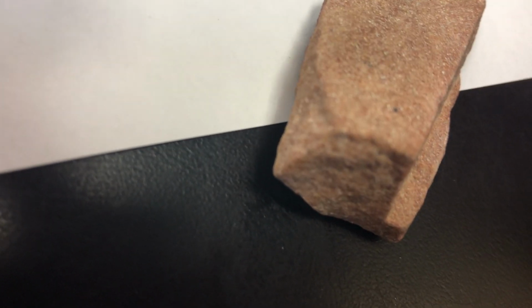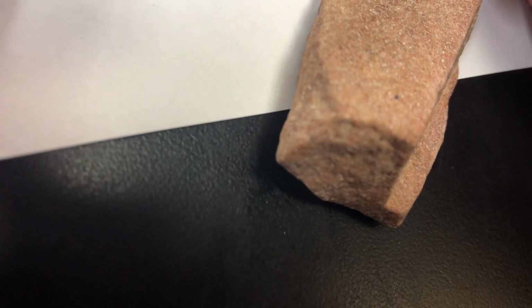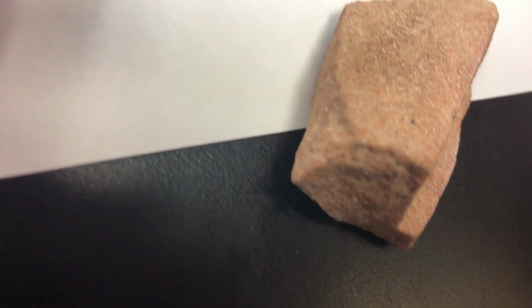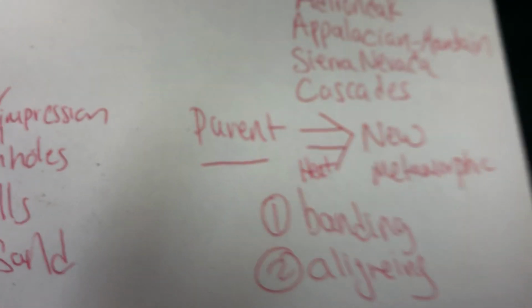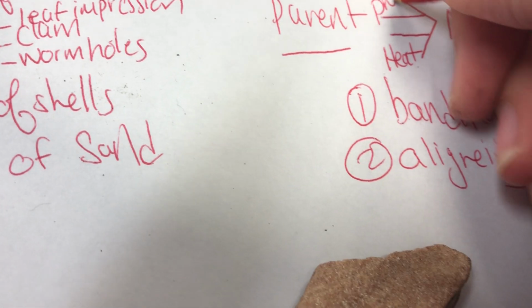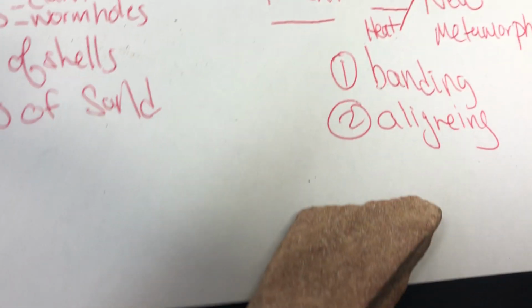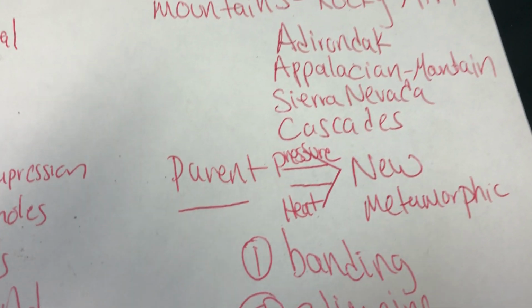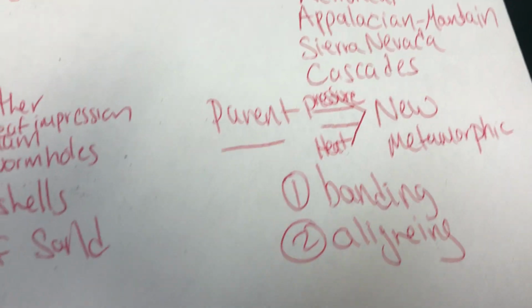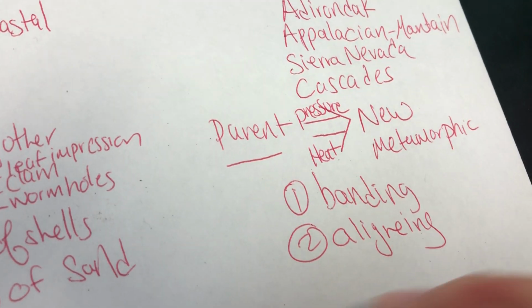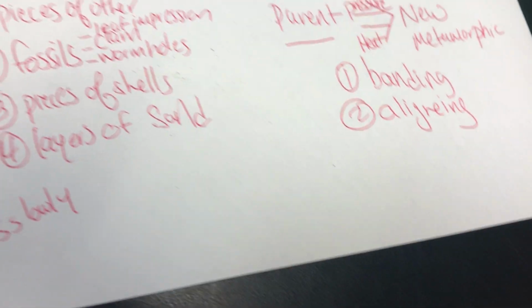There's some alignment. And this is all happening because there was a change in the rock. There was extreme heat from the earth. There was extreme pressure from the earth. And that heat and that pressure caused the rock to change into these metamorphic rocks.